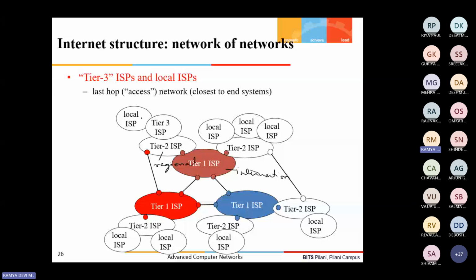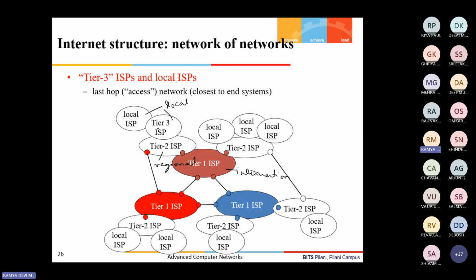They are small local providers concentrating on individual homes, small businesses, or institutions. They will not connect directly with each other. Tier 1 will definitely be interconnected, Tier 2 sometimes will be interconnected with each other, but Tier 3 will not be interconnected.